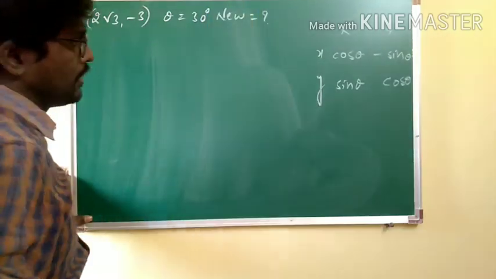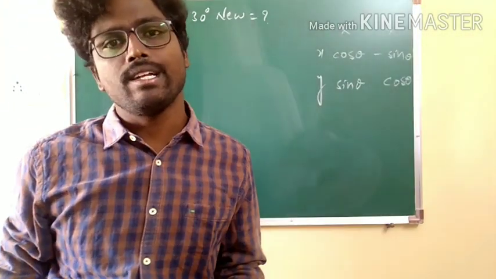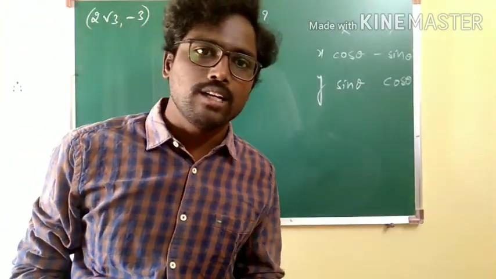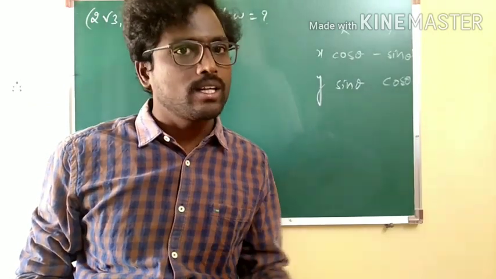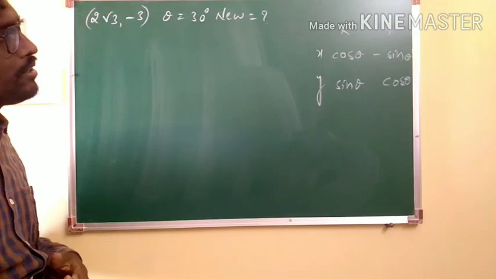It is something different again here. In the previous case we were given new coordinates and angle, asked to calculate old coordinates. Here, provided the old coordinates and the angle, we are asked to calculate new coordinates.